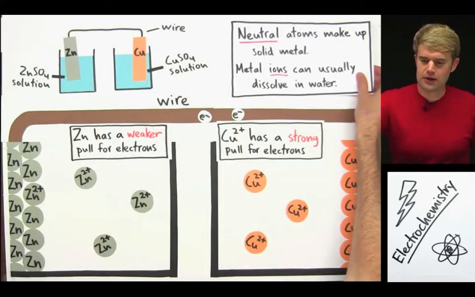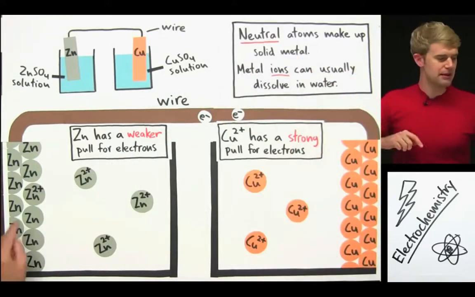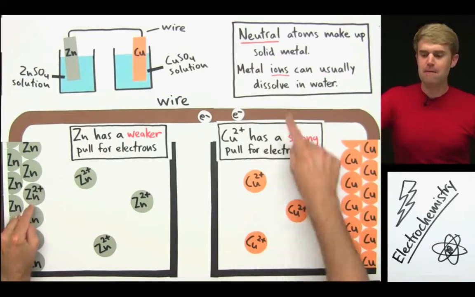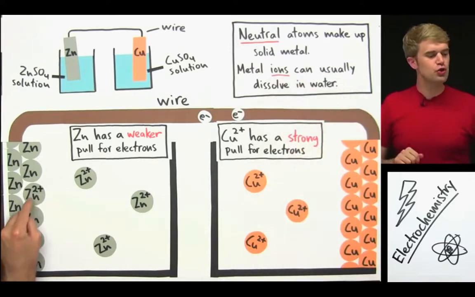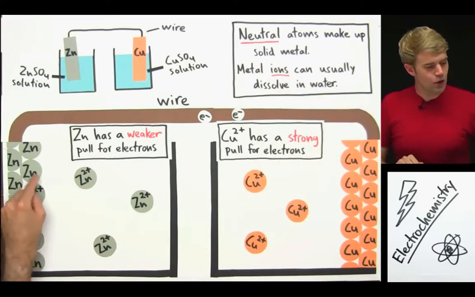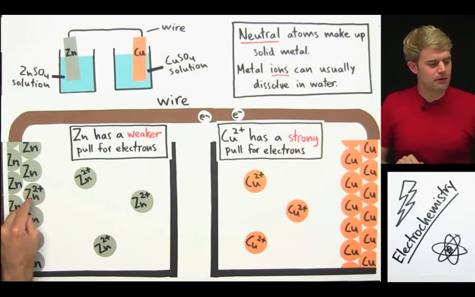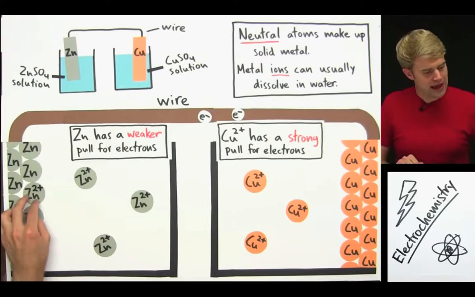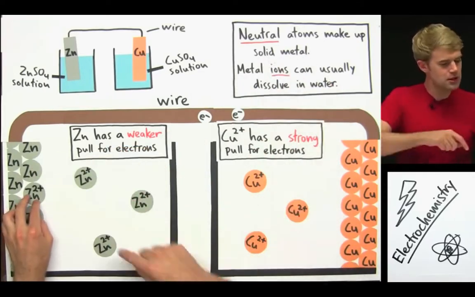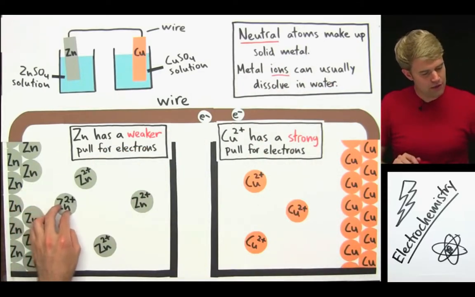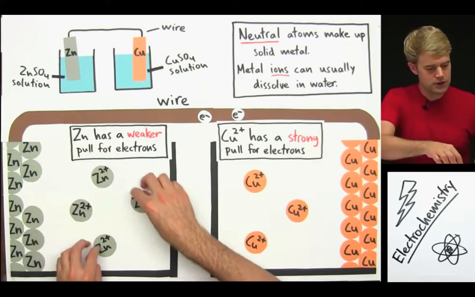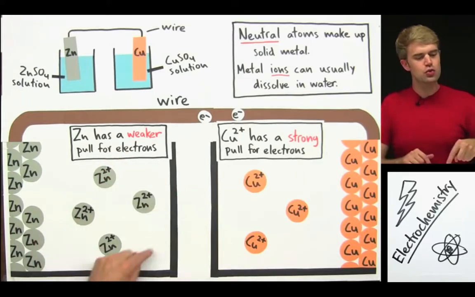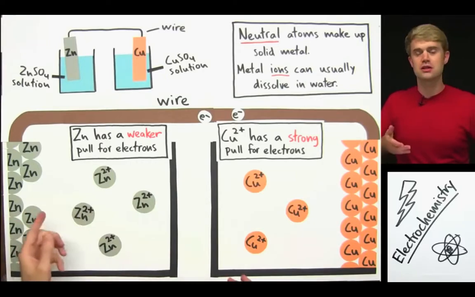That's because neutral atoms make up solid metal, but metal ions usually dissolve in water. So after this zinc atom turns into Zn2+ because it lost these electrons, it's no longer part of the solid metal anymore, and it floats off, it dissolves into the solution. Okay, so that's what happens to the zinc.